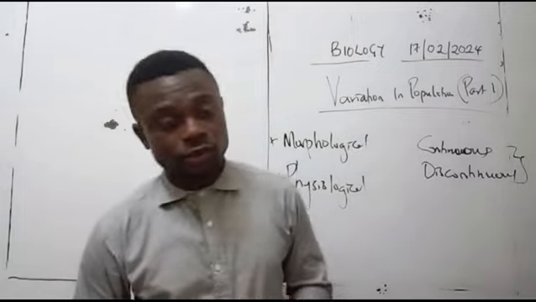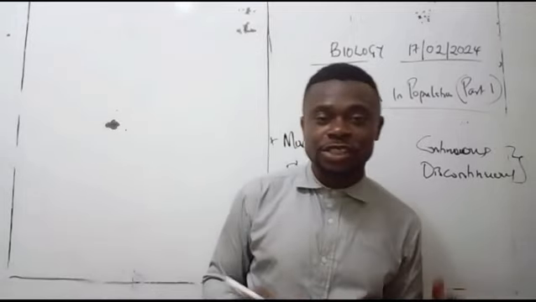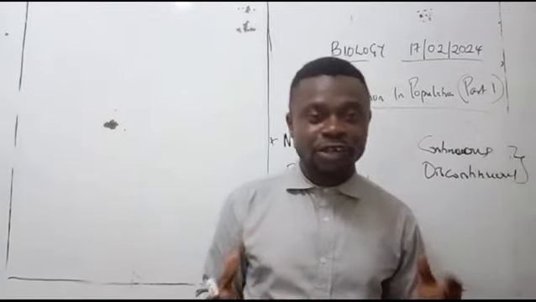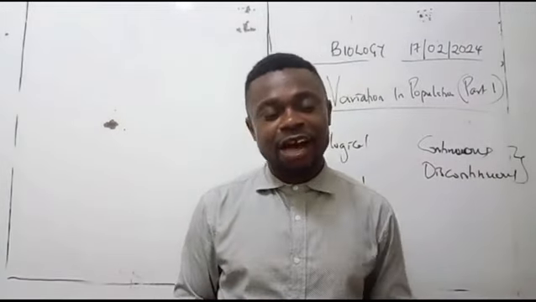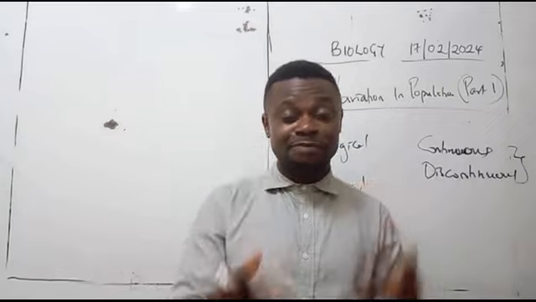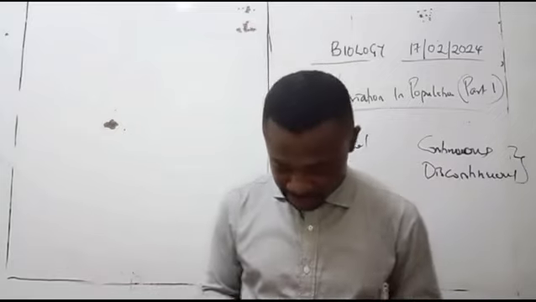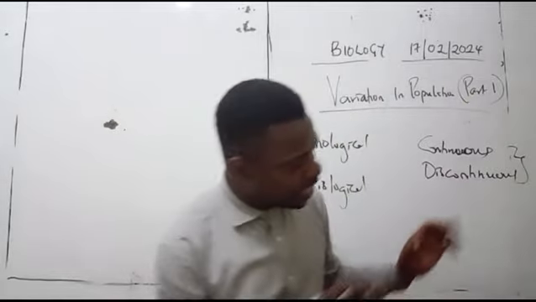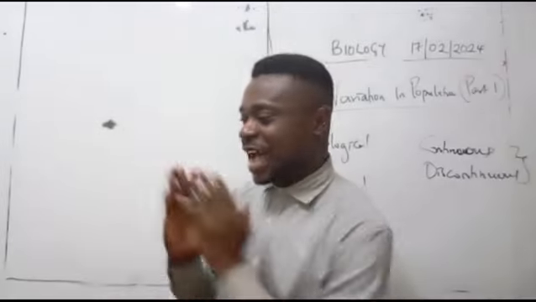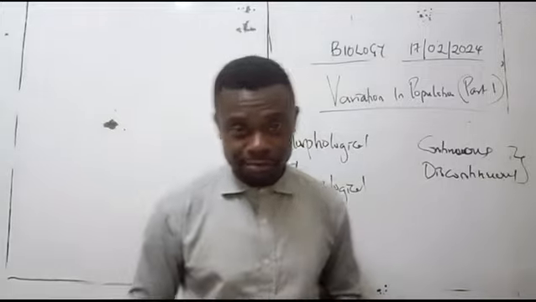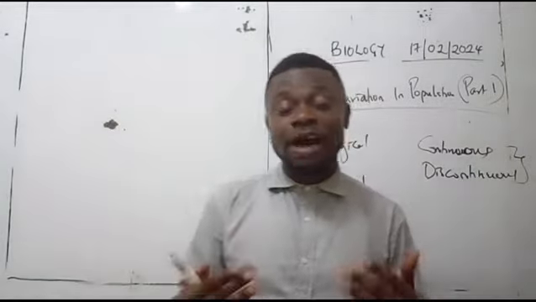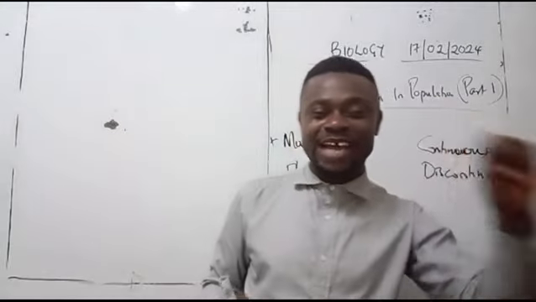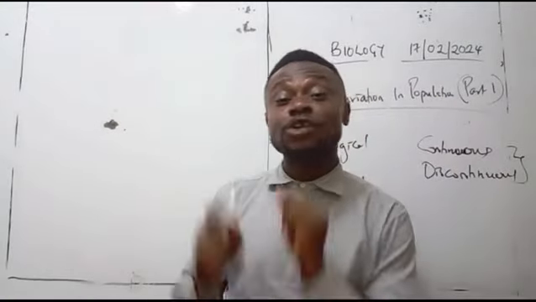Morphology gives information on the physical appearance, how the organism appears, the one you can see and touch. Because organisms appear like this, you can actually identify the organism anywhere you see it, because you know how the organism looks.